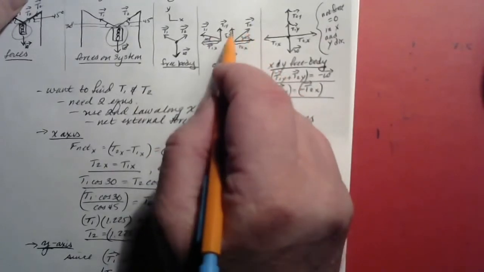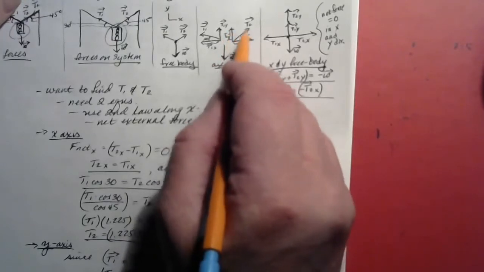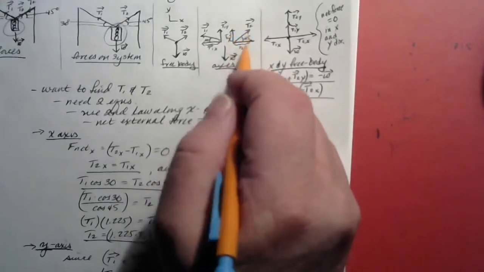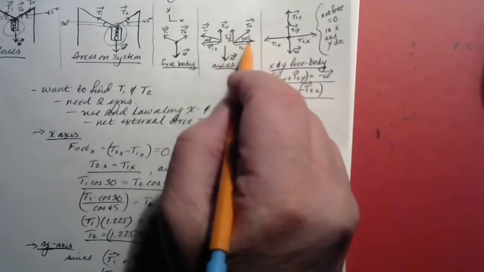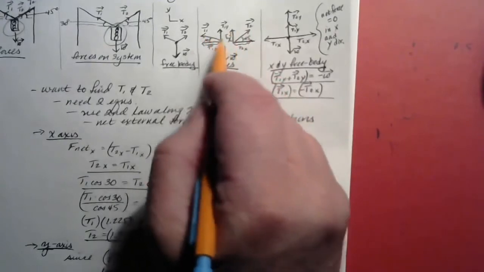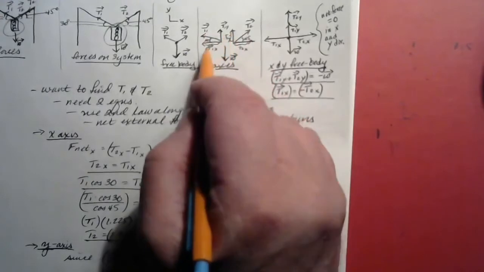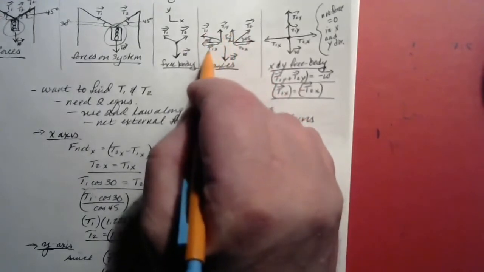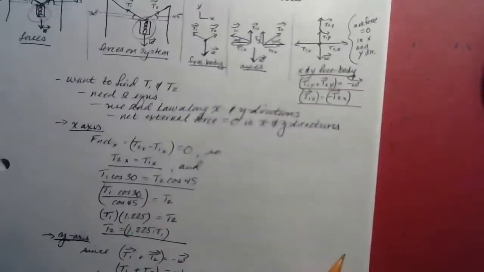But for T2, we would have to resolve the force into Y component and X component, so T2X and T2Y. And for tension number 1, going off to the left, we would have to resolve that into T1X and T1Y, the X and Y components.